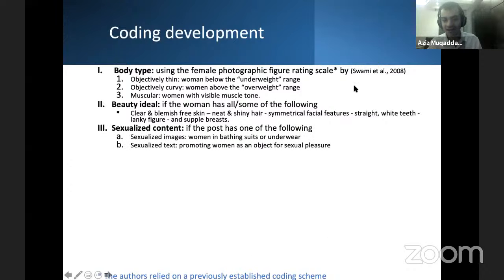And then sexualized content. If the post has one of the following, and so it says sexualized images, and here's back to what Lily was saying, it's women in bathing suits or underwear. So this is the definition they're going to use. Whether you disagree or agree with that is a separate issue. But they're telling you, we as authors, or we as coders, this was our criterion, so the numbers you're going to see later reflect that.